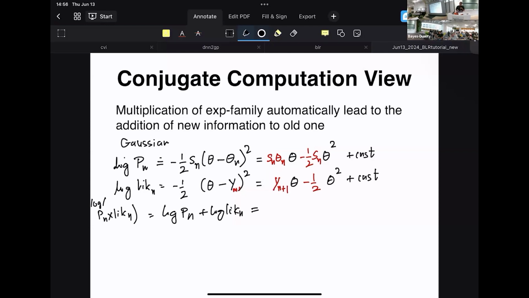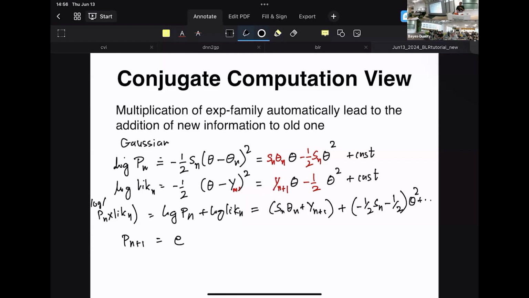So what I did is basically Sn theta n plus yn plus 1, and let me write plus minus half of Sn and minus half of theta squared. And we know because these parameters are valid, this is a Gaussian. So then we can write Pn plus 1 is the exponential of these things.